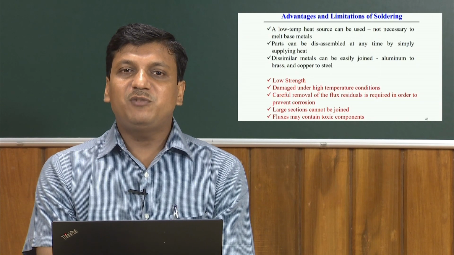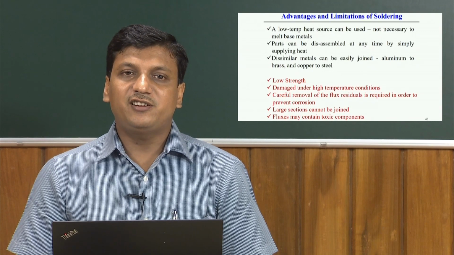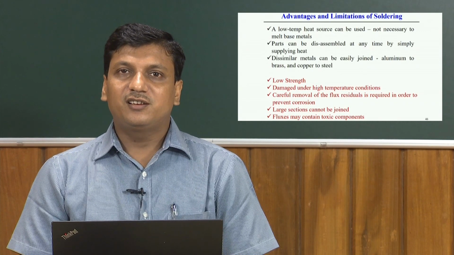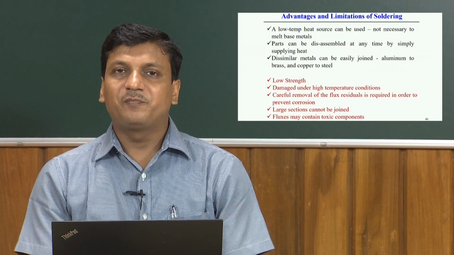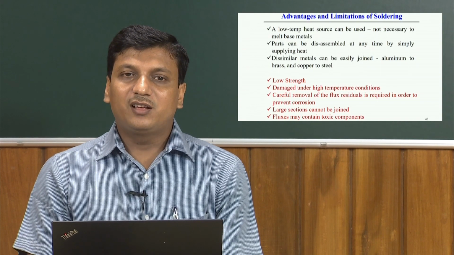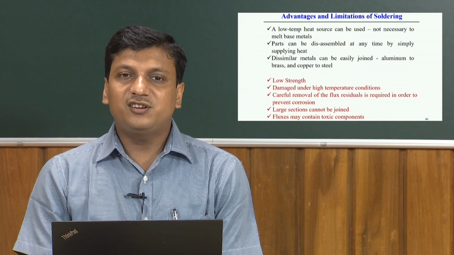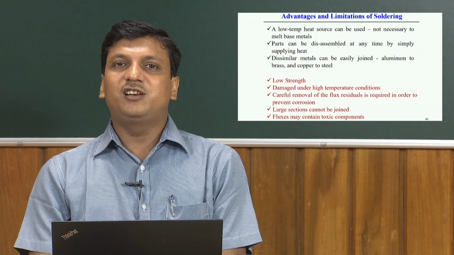Parts can be disassembled after joining at any time by simply applying heat. That heat does not affect the base material much, so disassembly is easily possible in this case. Dissimilar materials can be joined easily, for example, aluminum to brass and copper to steel.